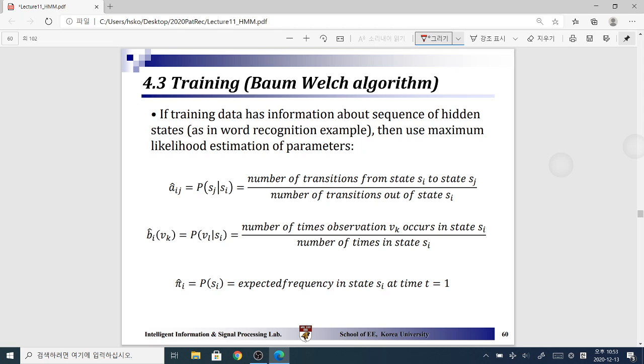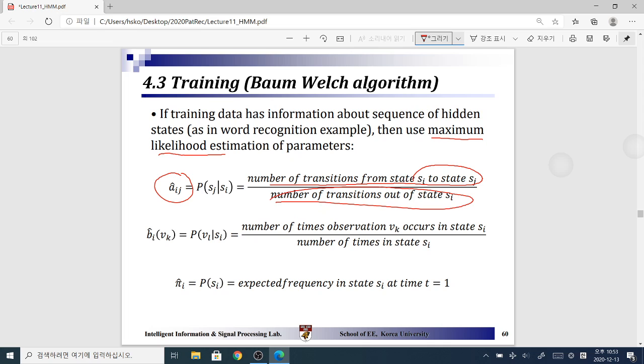So the use of maximum likelihood estimation of the parameters is going to allow us to obtain the transition probability, which would be essentially a ratio between the number of transitions from state S_i to state S_j divided by the number of transitions out of state S_i.